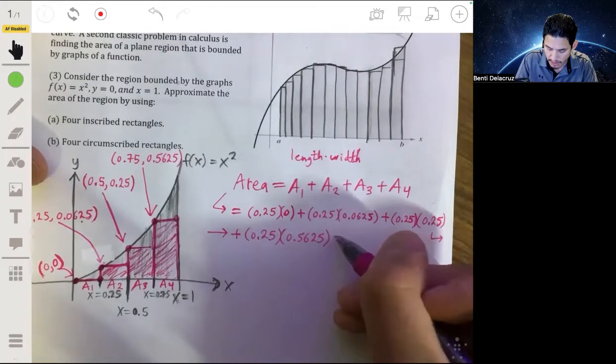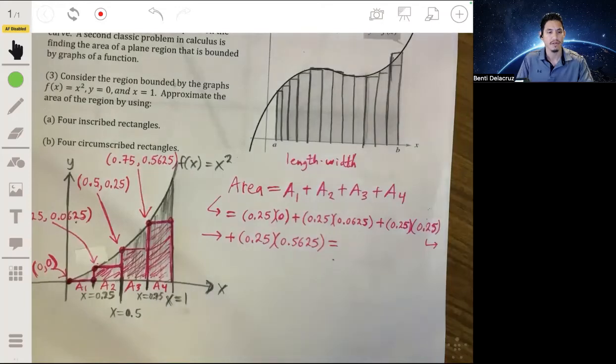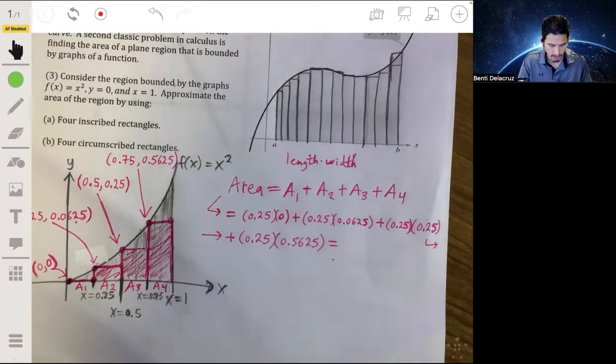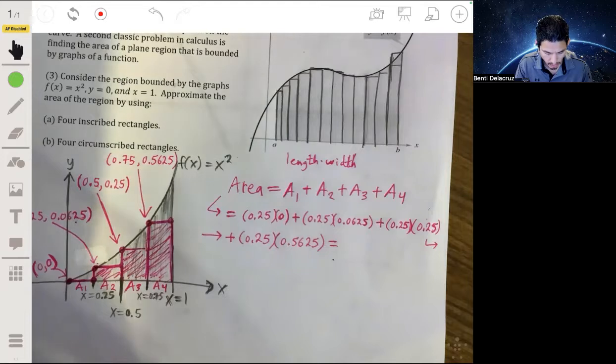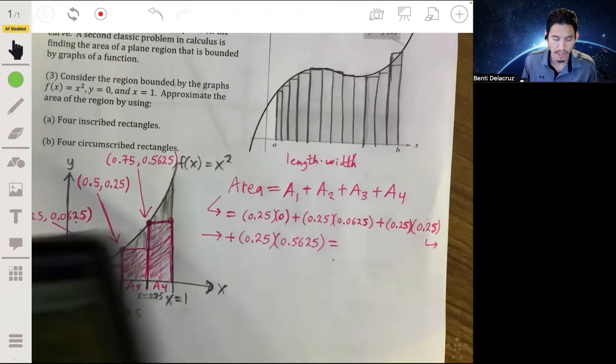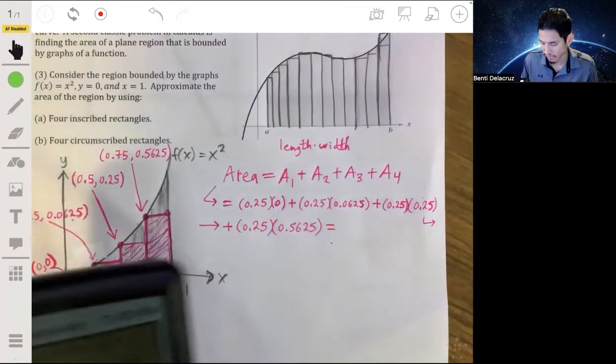So now we just do some basic algebra, multiply those all together and add them. Let's use our calculator to work this out. 0.25 times 0.0625 plus 0.25 plus... and we get a total area of 0.21875.